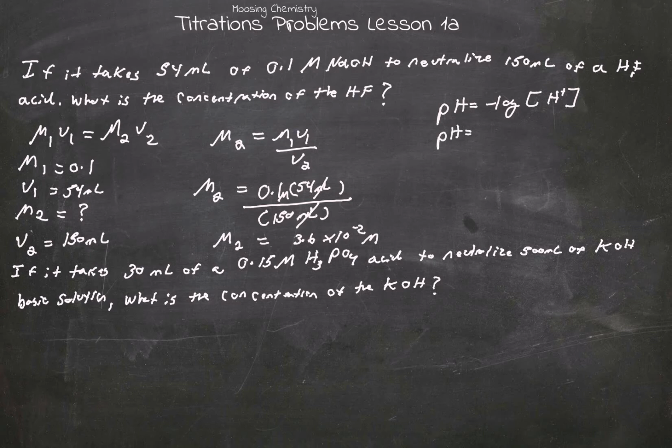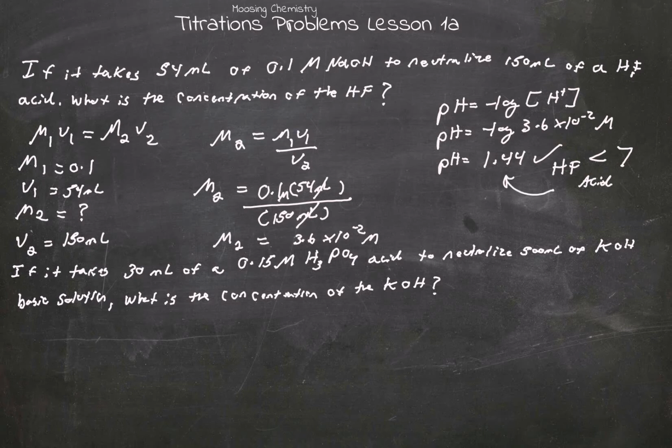So pH equals negative log of 3.6 times 10 to the negative 2 M, and we get a pH of 1.44. That makes sense because HF is an acid, and since it is less than 7, this answer does make sense.